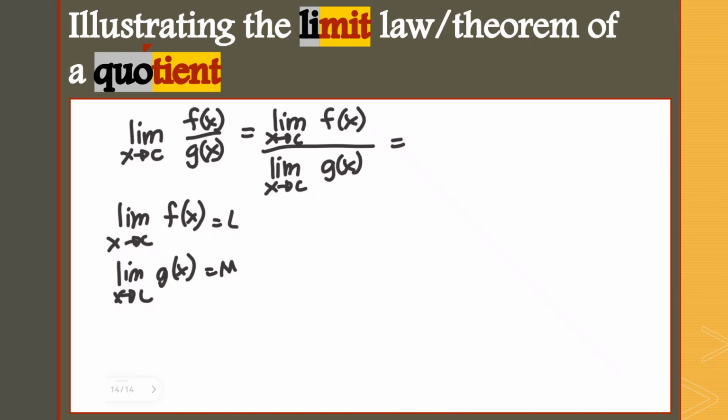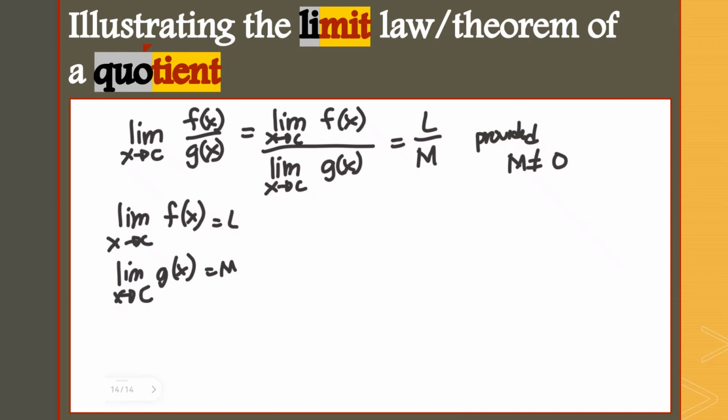We are just going to take the ratio of their corresponding limits, provided that M is not equal to 0. Because if the limit of g of x as x approaches c, which is M, is equal to 0, then this would be undefined.